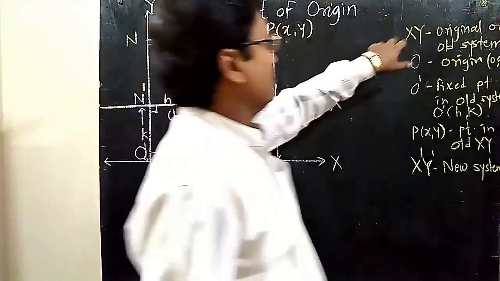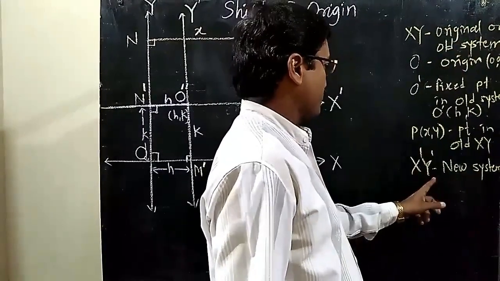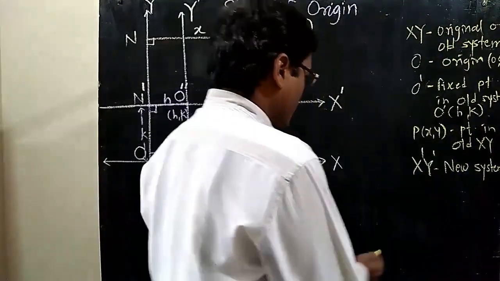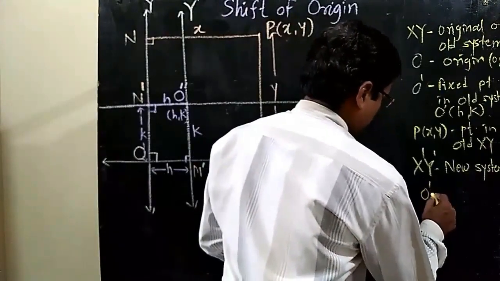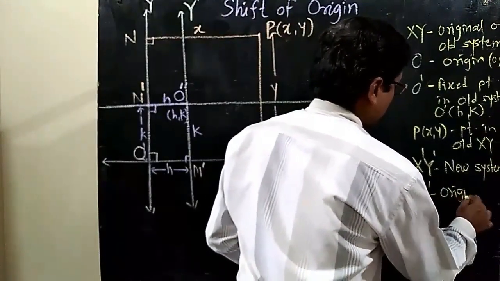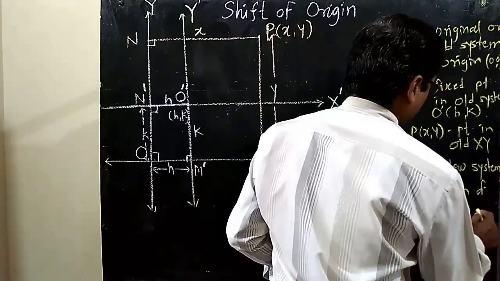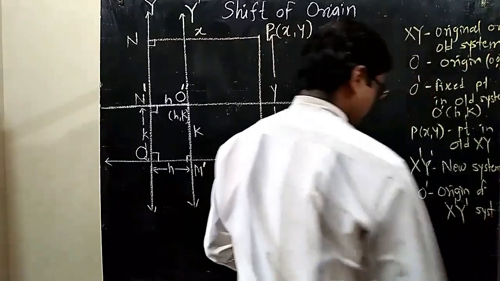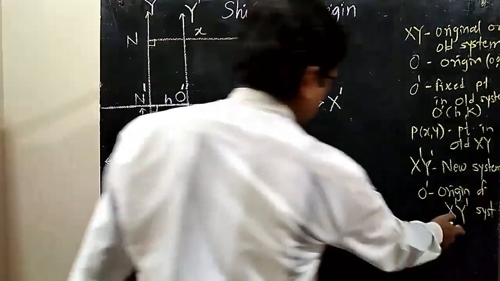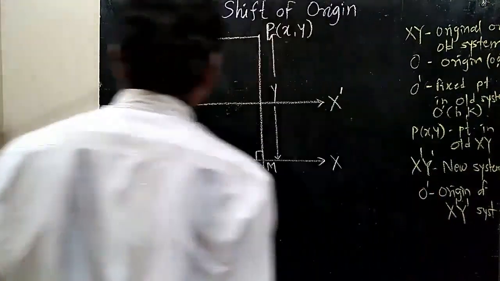This xy is original or old system, and this x dash Y dash is new system whose origin is O dash. Obviously in this system the coordinates of O dash will be 0, 0.